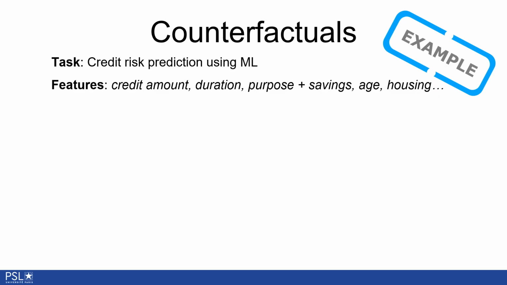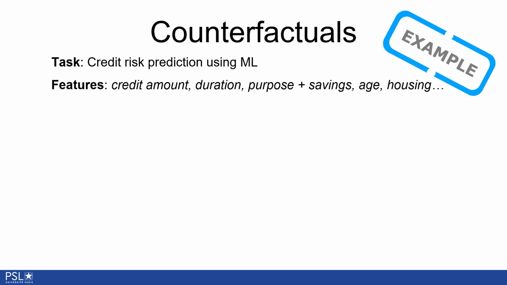Let's look at a concrete illustration of the use of counterfactuals in machine learning. We will focus on a specific task, the prediction of credit risk by a machine learning model. Here, the input features are quantities such as the requested credit amount, duration, and purpose, as well as the characteristics of the person who applies.